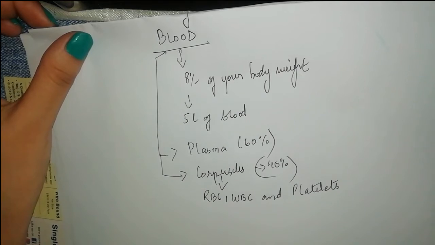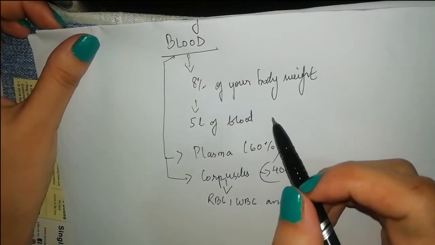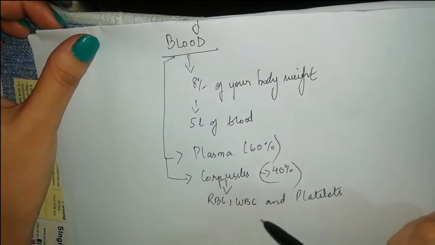So what are their functions? RBC help in transporting oxygen inside your body. WBC help you fight against foreign particles entering your body, they act as antibodies. And platelets help you in blood clotting. So I hope you're clear with the term blood.